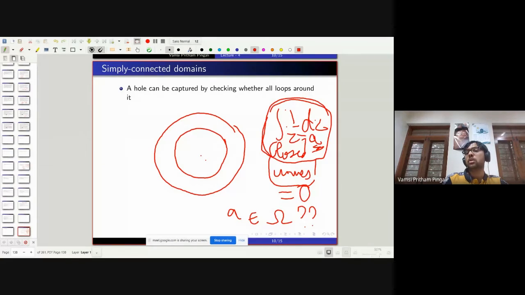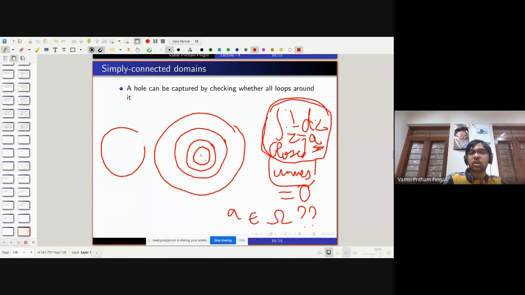Okay, that is an example. That tells you domains that don't have holes, right? But there's another way to do it. You see, what is going wrong here is, how do you capture a hole? I mean, no matter how small you make it, there's still a hole, right?